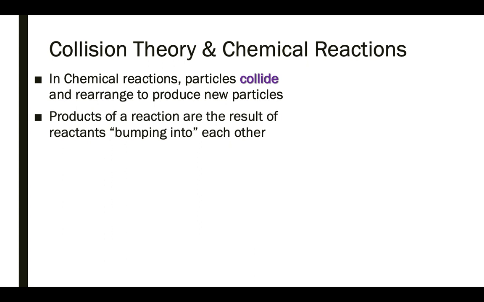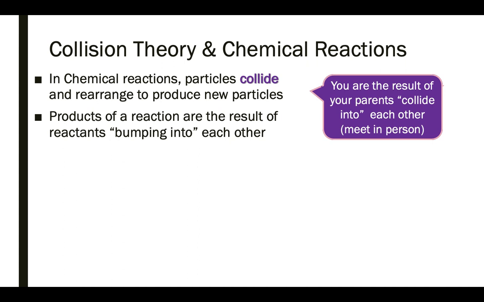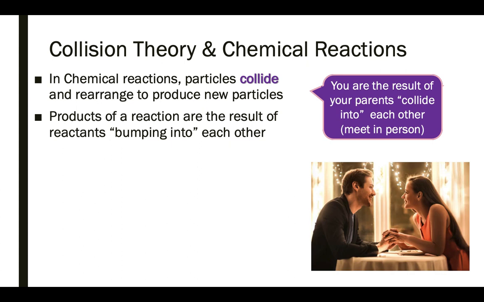A human or social analogy of that situation is that you are the result of your parents colliding into each other. So they have to meet in person before any chemistry, before a reaction happens, and before producing you.